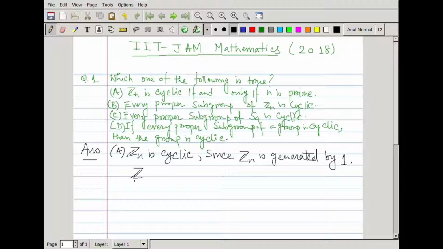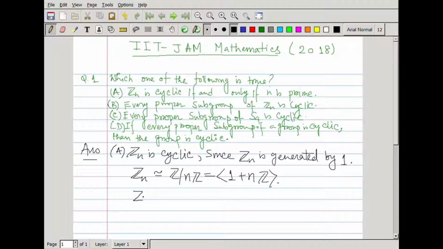So we know that Zn is isomorphic to Z by nZ, and it is generated by 1 plus nZ. So 1 is basically this element 1 plus nZ.